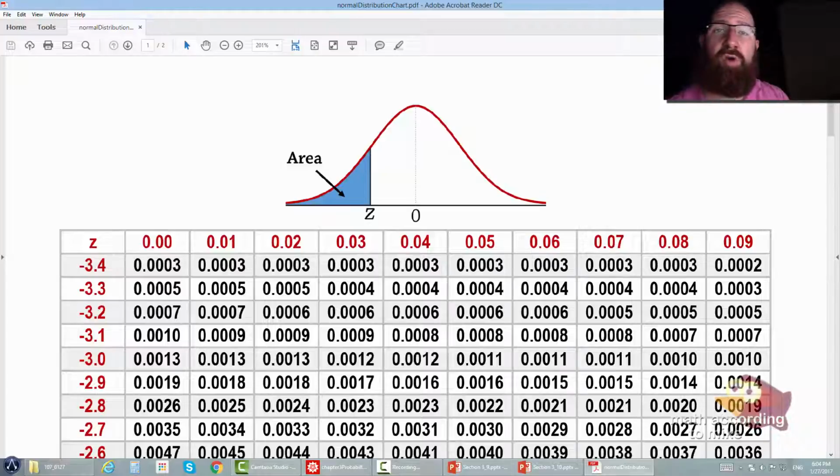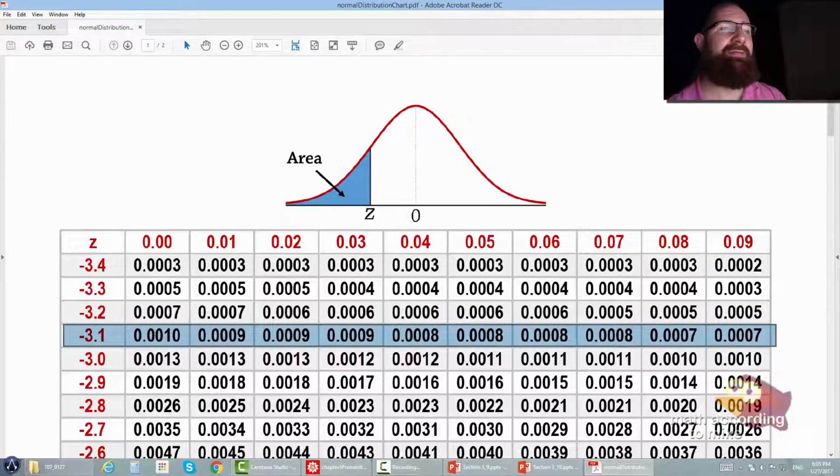If your z-score was, for instance, negative 3.15, then you would need the negative 3.1 row and the 5/100ths column. So notice that would be 0.0008.